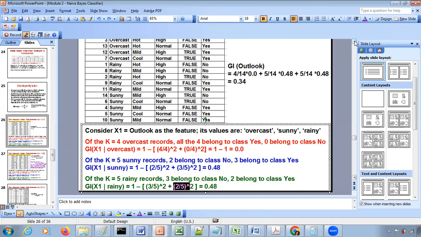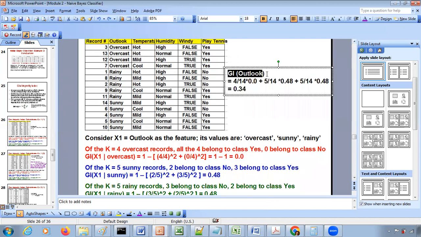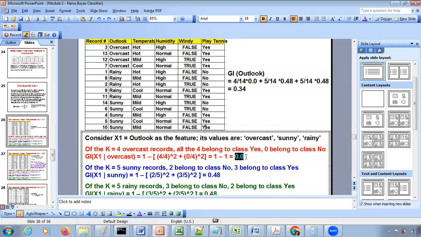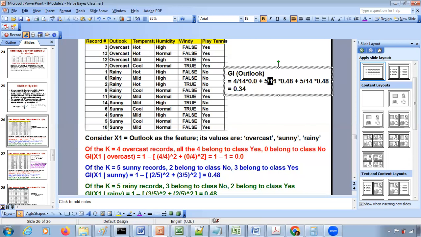So as a weighted average, we can get a Gini index for Outlook as a feature as a whole. We'll take a weighted average. So 4 of the 14 records are for overcast, and its Gini impurity index is 0. Then 5 over 14 are for sunny, and 0.48 is its Gini index.